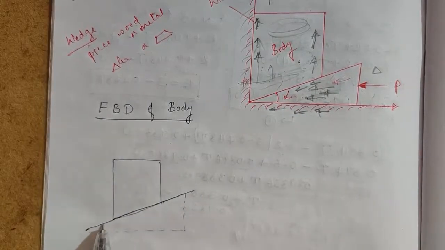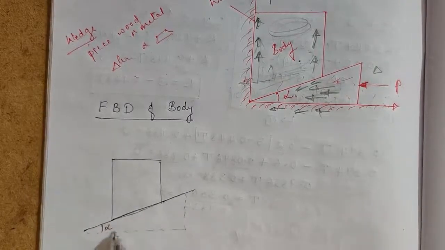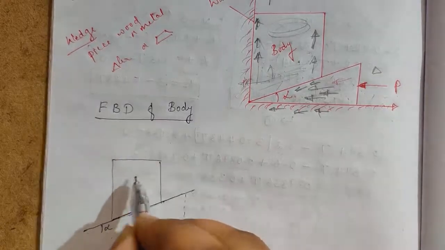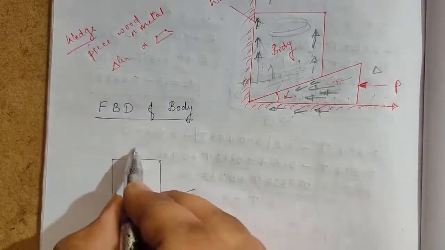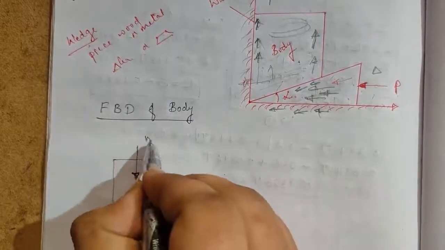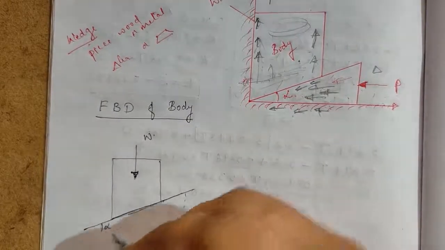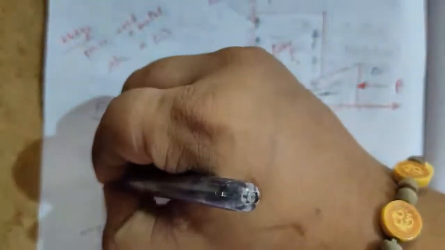Now what will happen? The wedge surface is at an inclination of alpha. So the body has some weight, right? The weight of the body will act towards the ground. Now what will be the motion of this body?